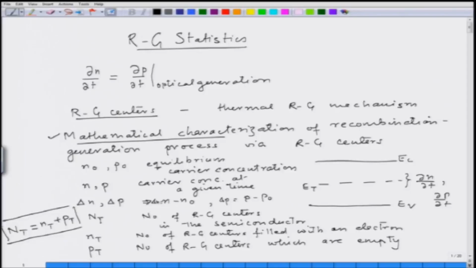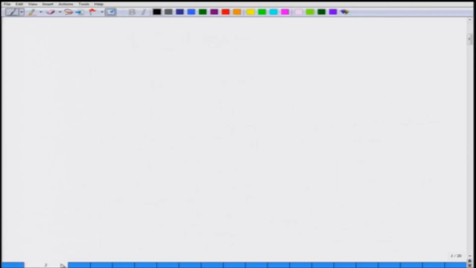Having defined this, let us look at how we are going to look at these processes. We are interested in finding out what would be the change because of the RG processes, the change in delta n and delta p, the electron concentration and hole concentration, with time. So, what are the processes that are happening because of these RG centers? Let us look at it in detail.